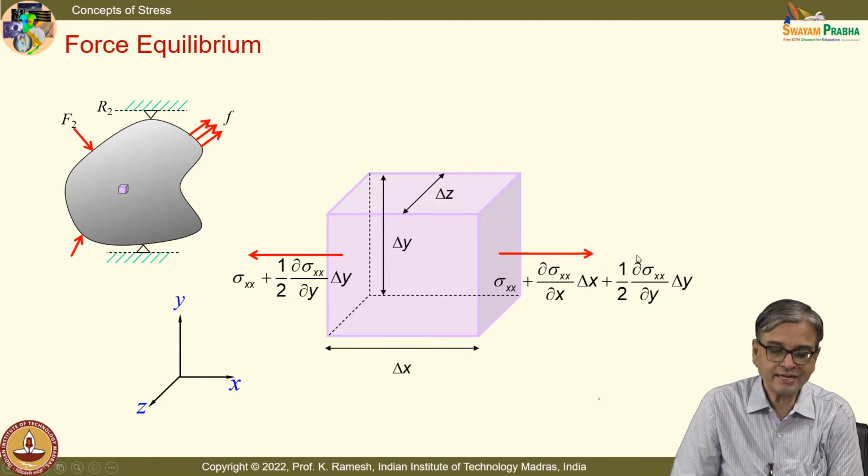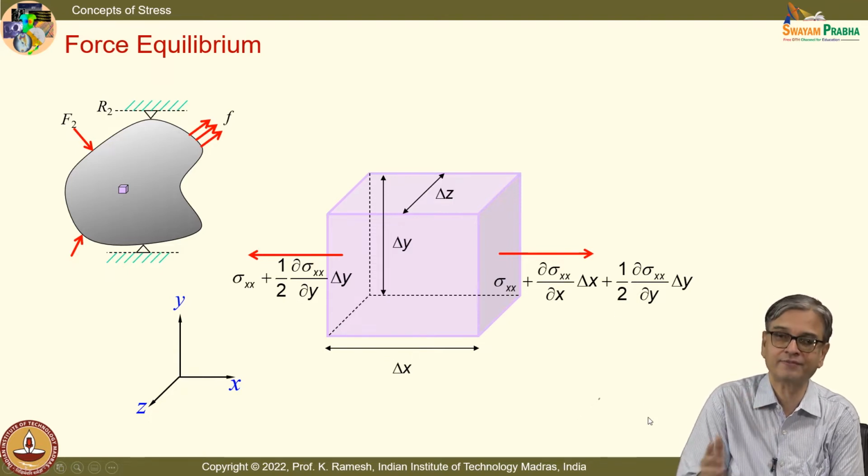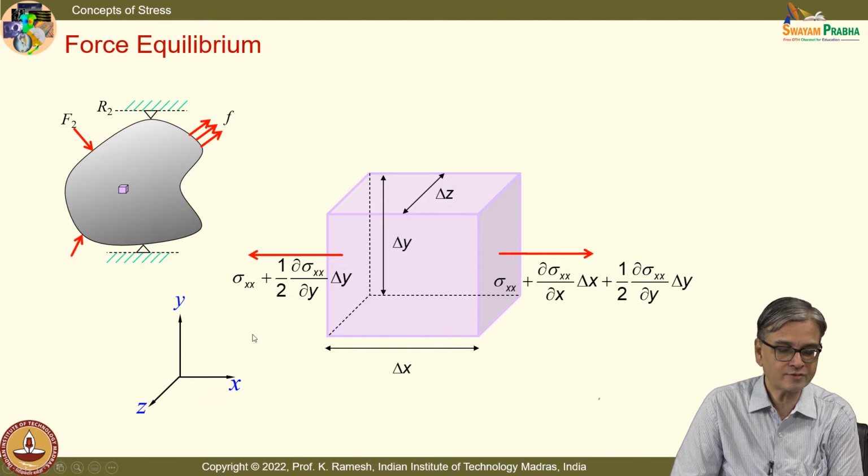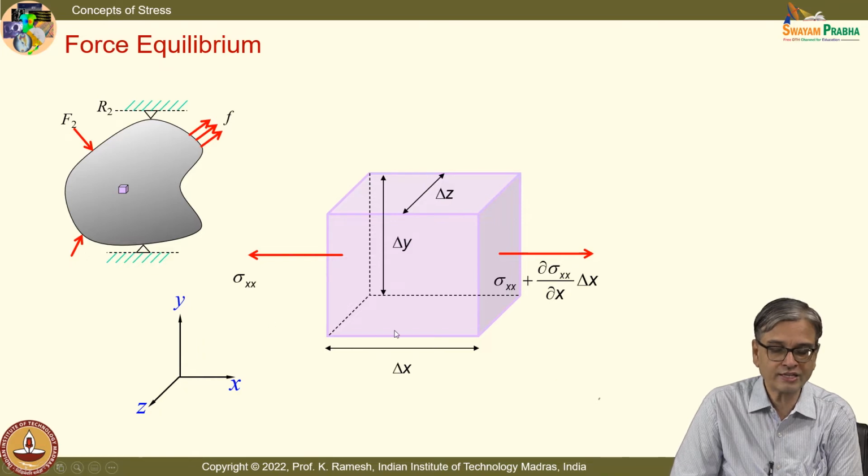See, this can be written in a much more convenient fashion, which is what is normally represented in many of the books, even to start with. I can knock off this 1 by 2 term on both sides. I can simply write, when the quantity is varying along the x direction, represent this as a stress component acting at the center of the element on this face of this element as sigma xx.